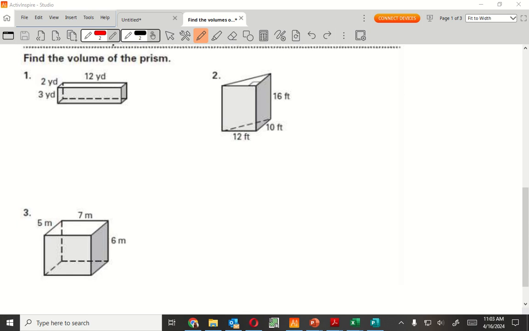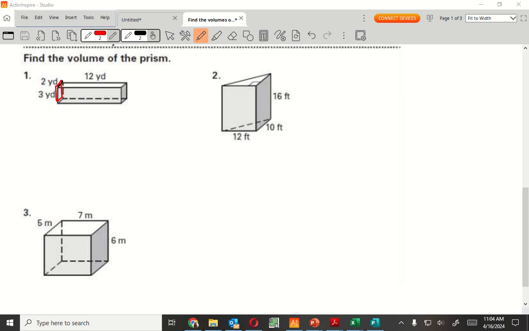All right, so let's go through. Look, you can see it now. In this one, I'm going to say this is my base. It's going to make my life a little bit easier.